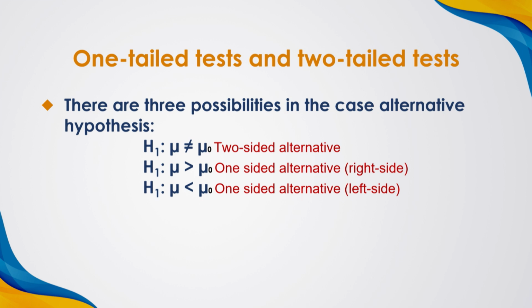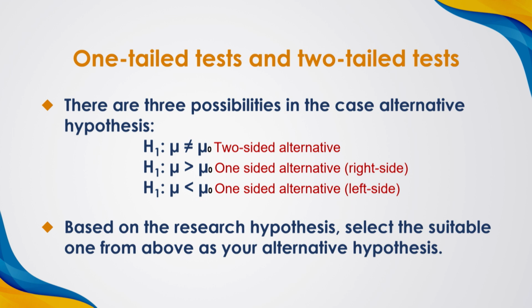The third one is on the left side alternative hypothesis. Here the format is H1 colon mu less than mu naught. Based on the research hypothesis, the researcher has to select one from the above as an alternative hypothesis.